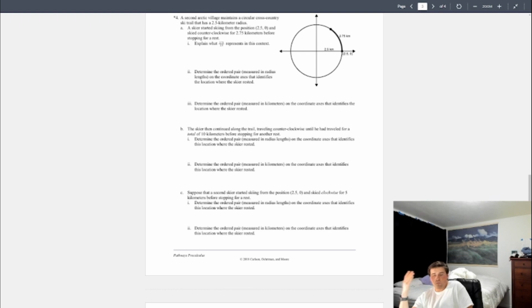Because 1 of a radius length is the 4 points. So obviously, if I'm in between somewhere along the curve, it would be less than that.